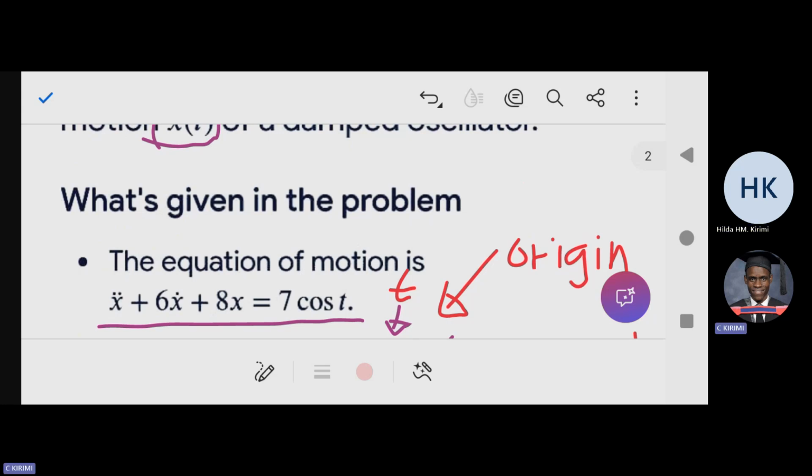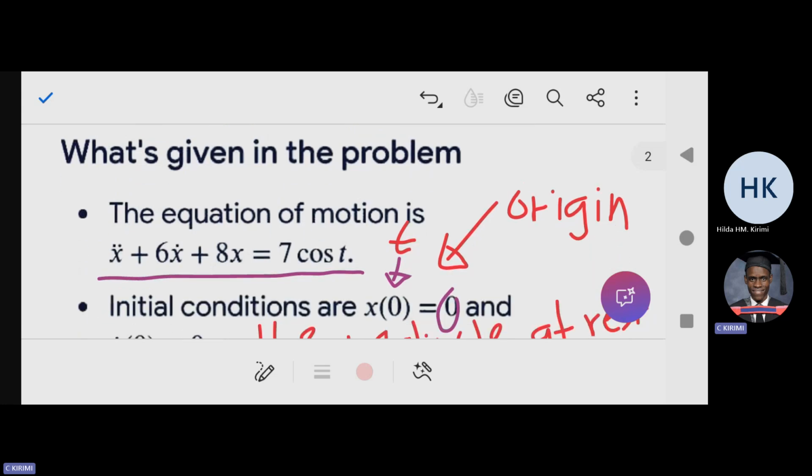By saying general solution, we mean any value. It's like you are solving an equation for x. You want the value that will suit, so that when you substitute that x in that equation, the equation will be satisfied. You get what we are saying here? Yes, we are looking for these values.